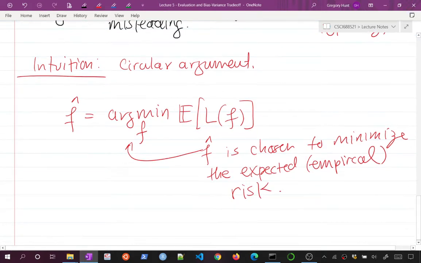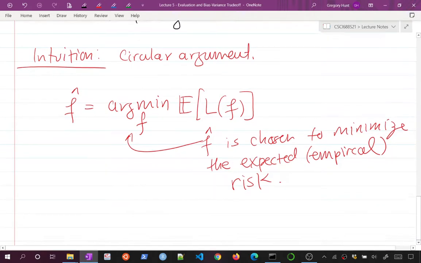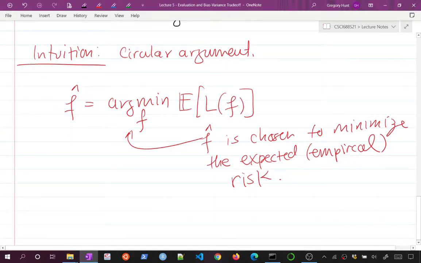And so lo and behold, if I minimize this loss, this risk on the data set, it is small for that data set.